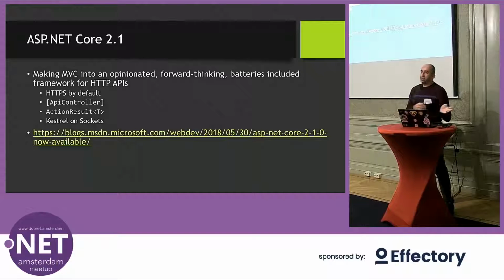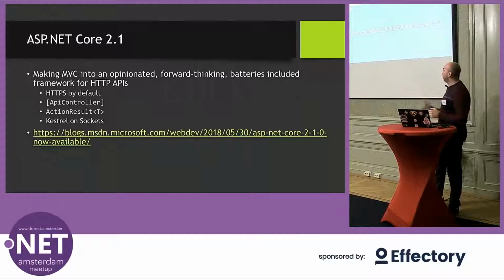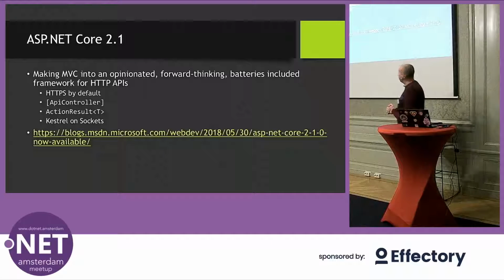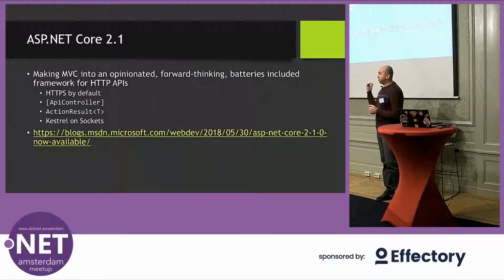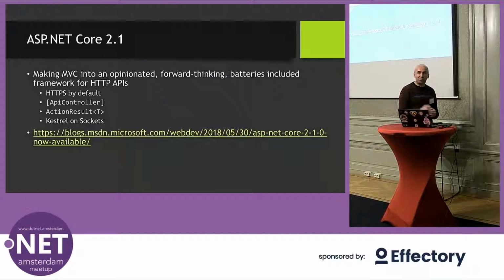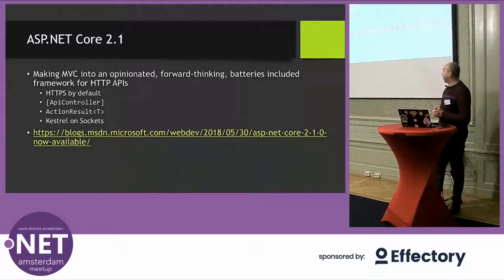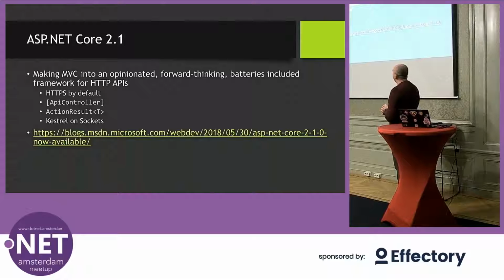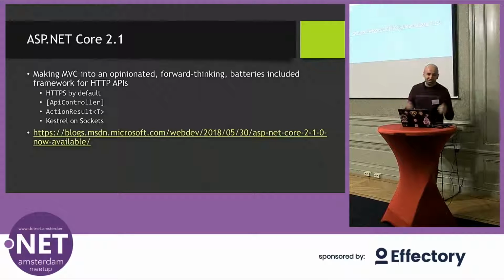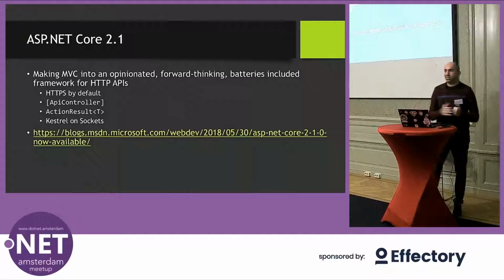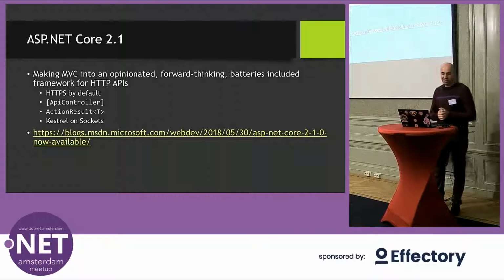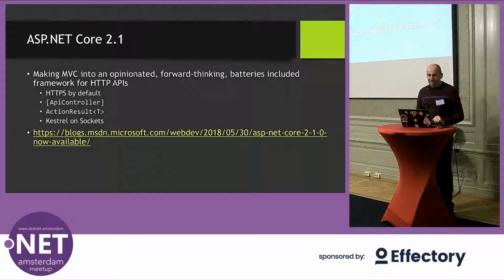Before we had to include this manually or add it to startup. Now it's in by default. And of course, since we are talking about APIs, you should always use HTTPS, and not just for APIs, for all kinds of web applications, since SSL and certificates are rather cheap these days, or free, like with Let's Encrypt.